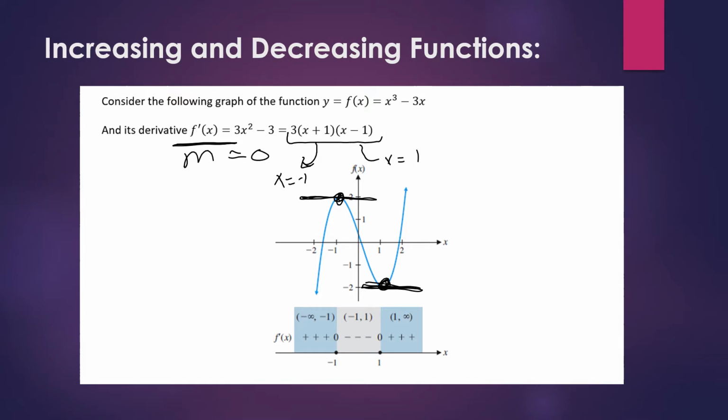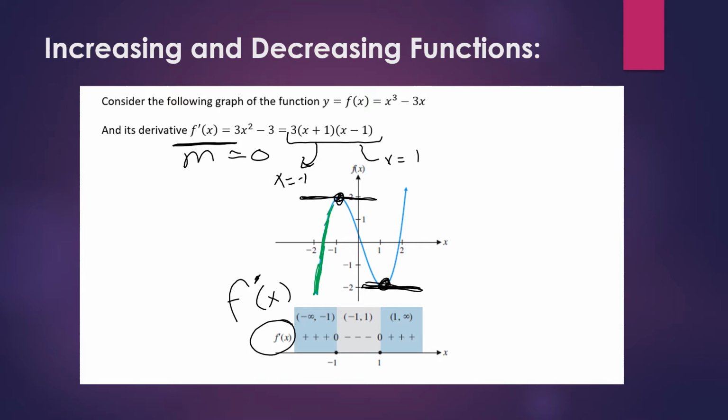So if we were talking about when a function is increasing and decreasing, it helps to look at the derivative of the function. I know this can be a little hard to see, but this right here is an f prime of x. And they're saying that between x equals -infinity and x equals -1, this function is increasing.